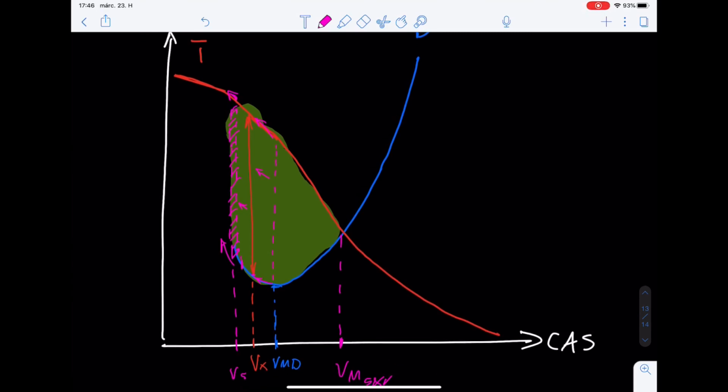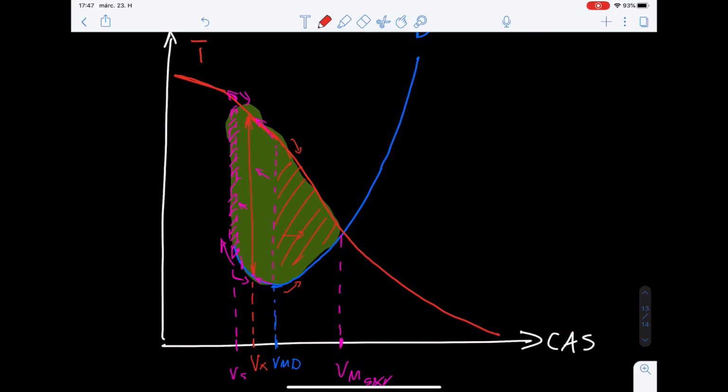So therefore, it's definitely going to be to the right of this section. It's definitely not going to be higher than the VMD, because you can see that the thrust is basically decreasing and the drag is increasing after this. So it's definitely not going to be in this direction.